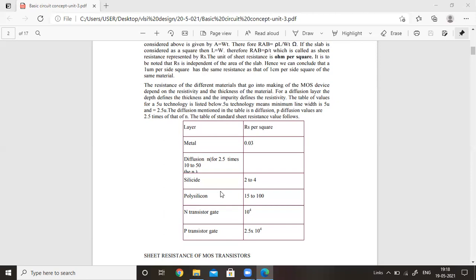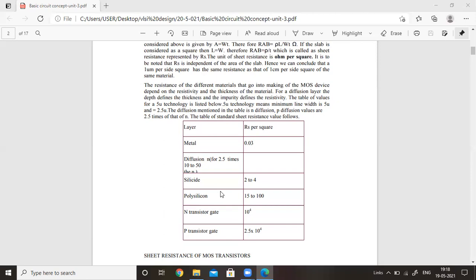What is the meaning of feature size? The minimum size transistor is known as feature size. What is the minimum size transistor? It depends upon the lambda based rule. In the lambda based design rule, the minimum length and width of the transistor is 2 lambda, because whenever the polysilicon crosses the diffusion layer, you just go to the layout diagram.